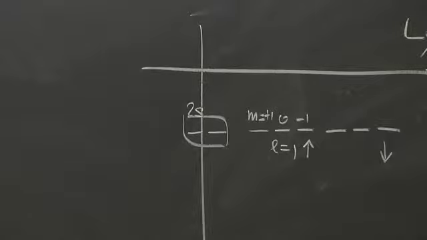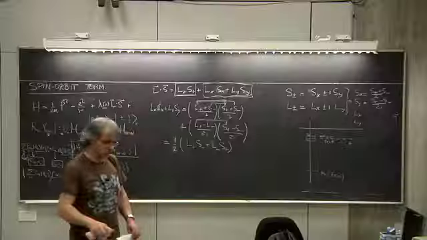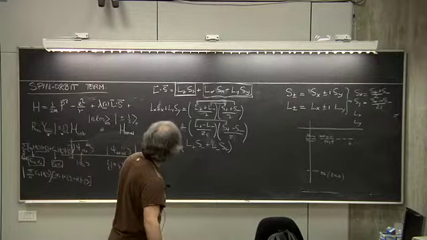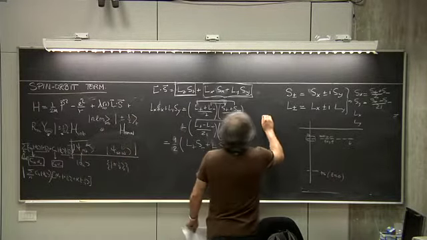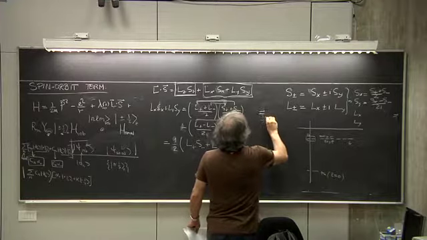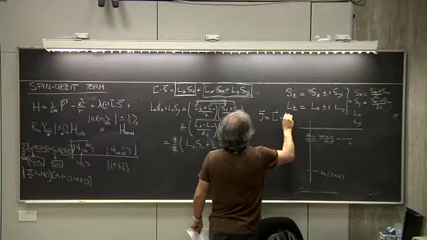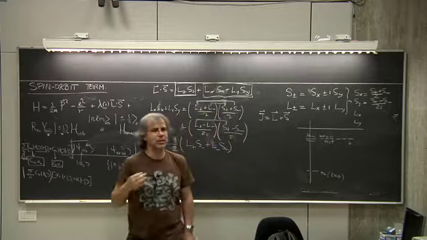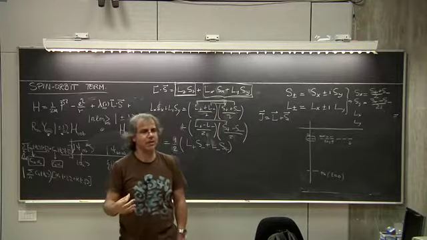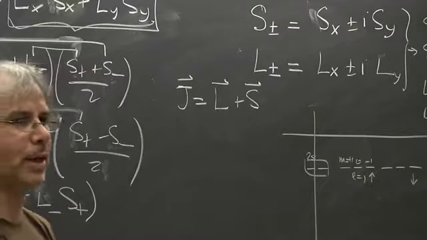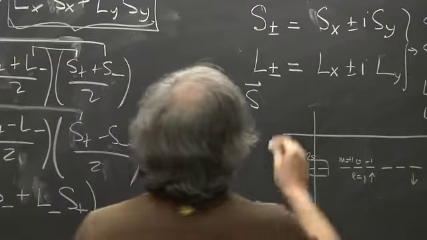Observe that L dot S is like, well, I better write. Consider the following object, L plus S. Now you might say, how can you sum things that are in different spaces? I mean, it's like summing apples and potatoes. Well, you know how to sum them, right?